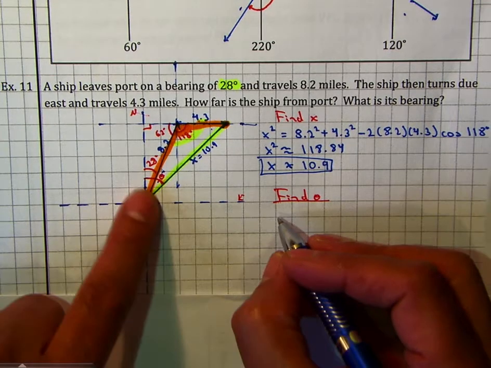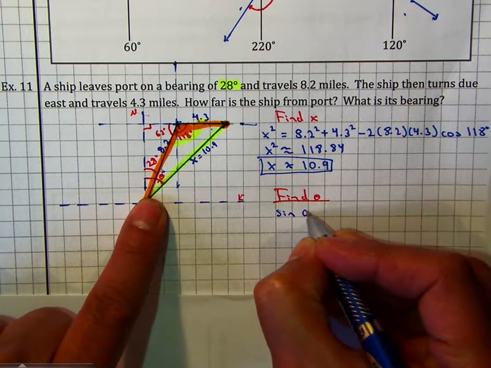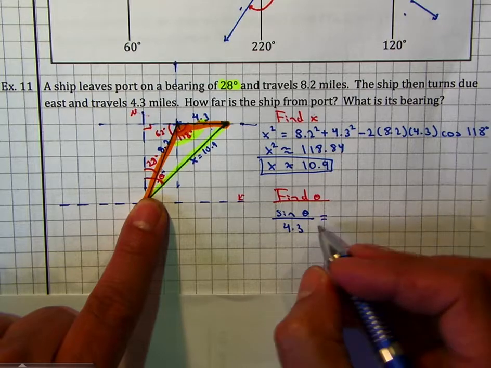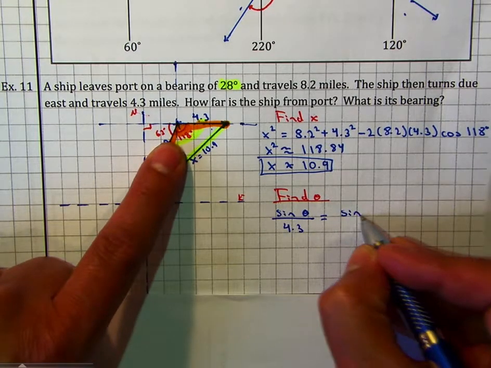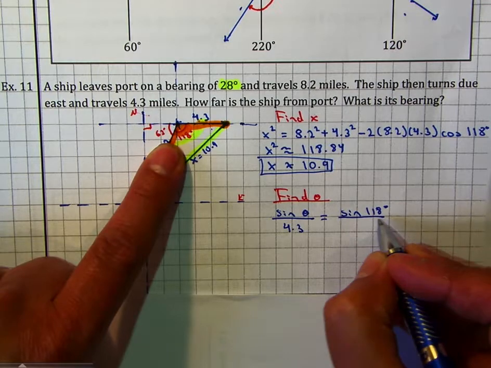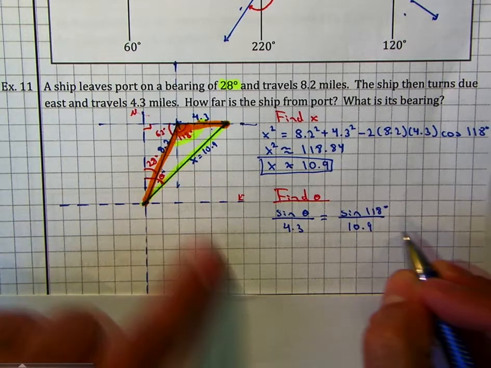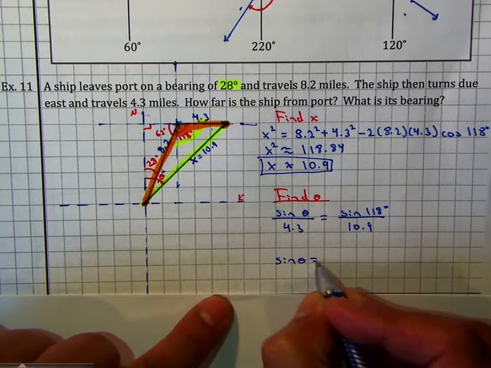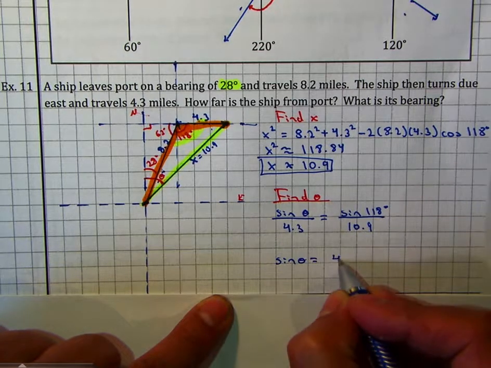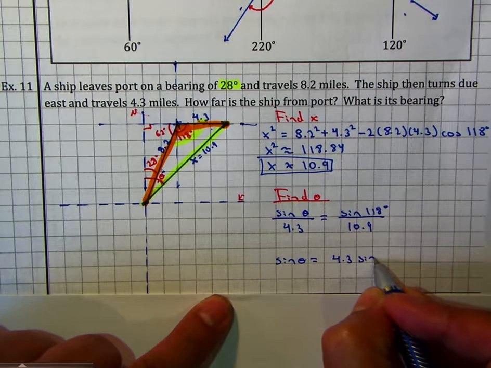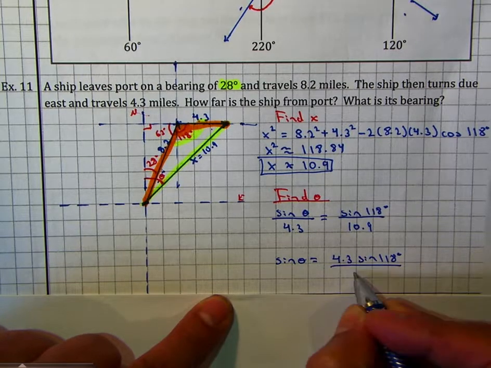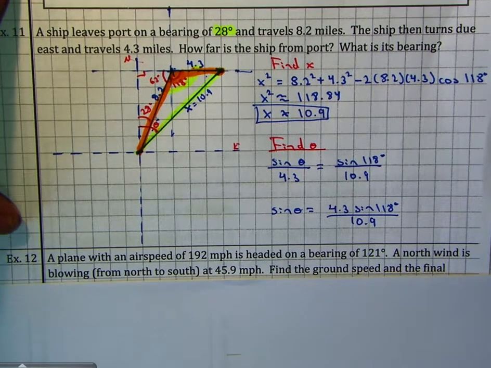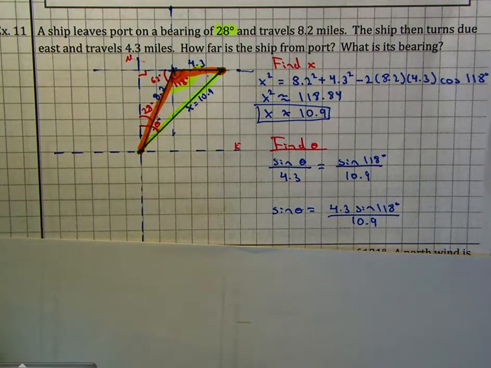So it will be the sine of theta over 4.3 is equal to the sine of 118 degrees over 10.9. So therefore, the sine of theta, multiplying both sides by 4.3, will be 4.3 times the sine of 118 degrees over 10.9. And now I can just tap into the calculator, and that'll be my angle.